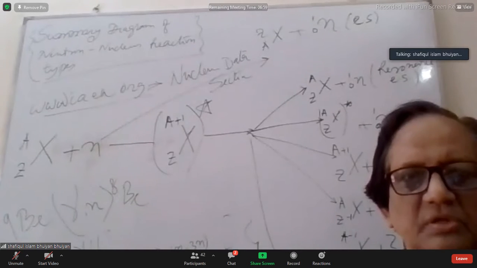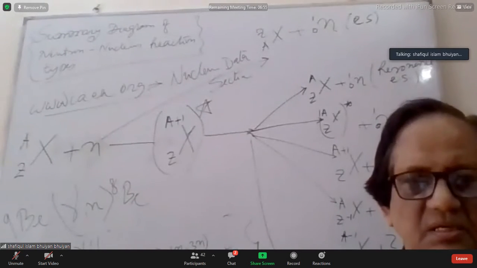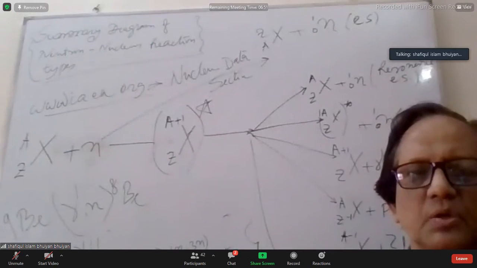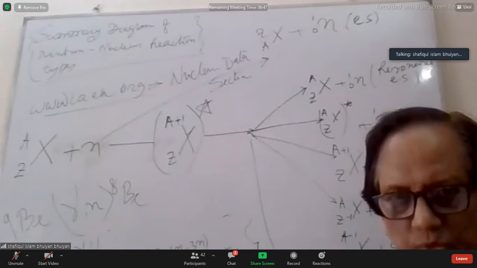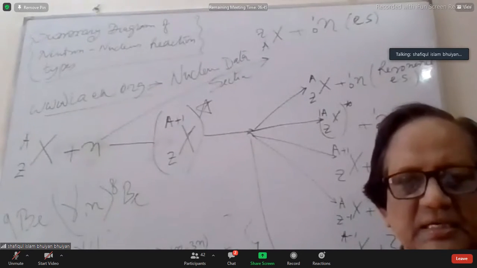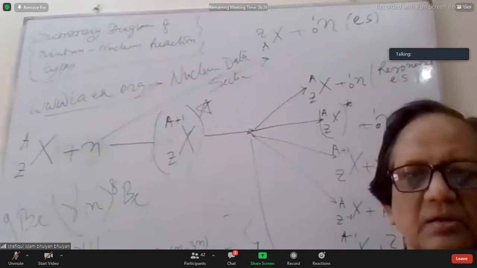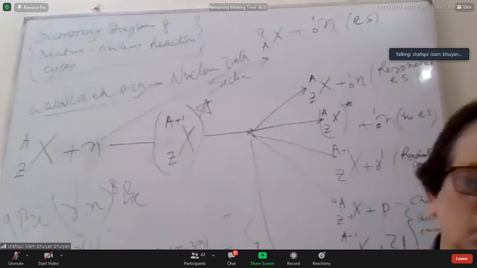What are the sources of this data? By experiments or by model calculation. In some cases we cannot always do experiments, because the elements are not available, or because of the energy range, we cannot reach that energy range. So in that case, we do model calculations.